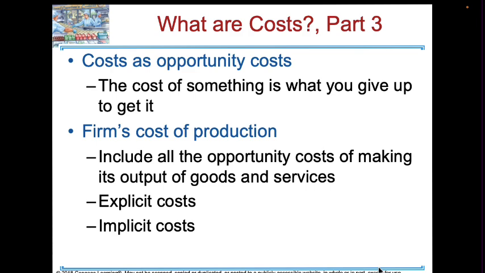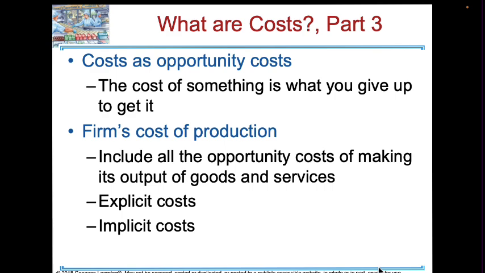What is opportunity cost? Costs can be divided into two kinds. One is a cost that results in money going out of the firm. That's called the explicit cost.